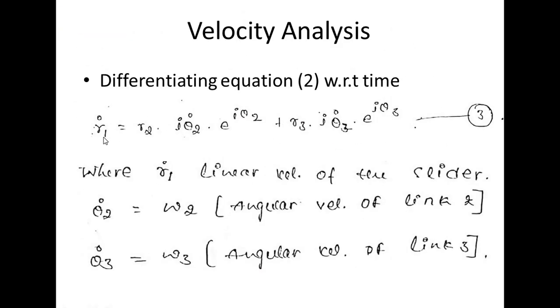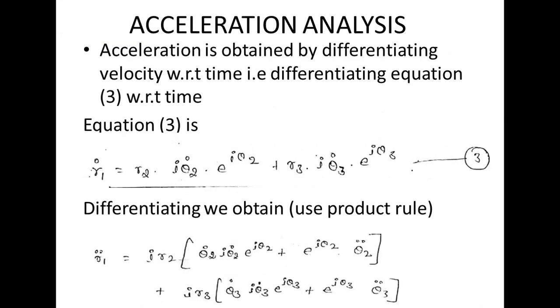Here R1 dot is equal to R2 and so on, this equation I am considering here, and by differentiating we obtain R1 double dot.